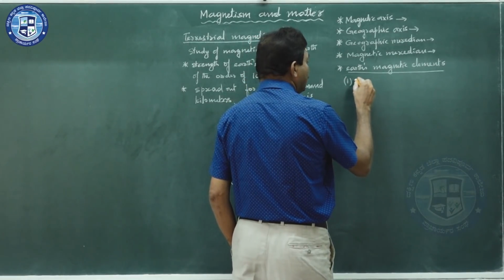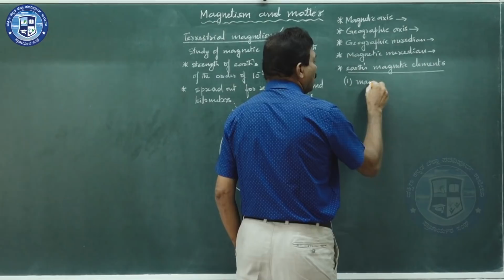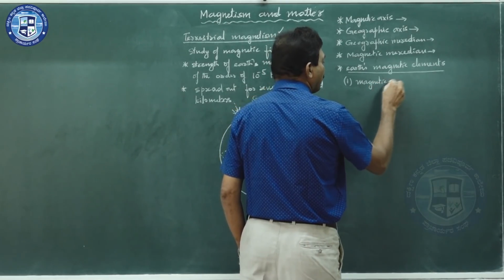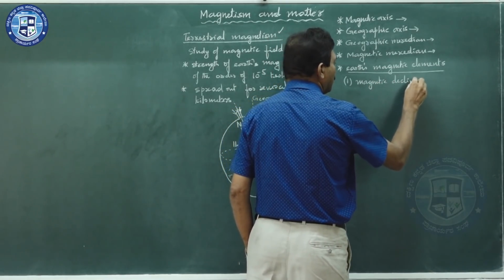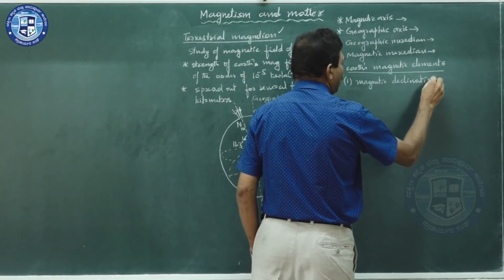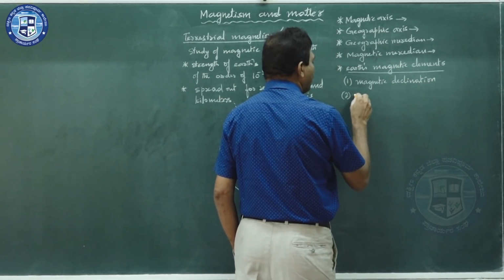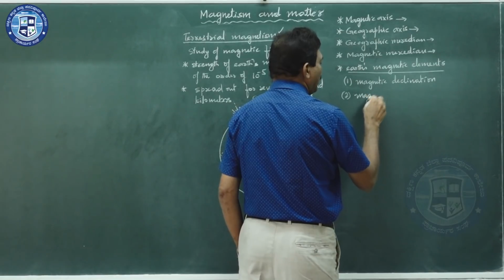First one is magnetic declination. Second one is magnetic inclination.